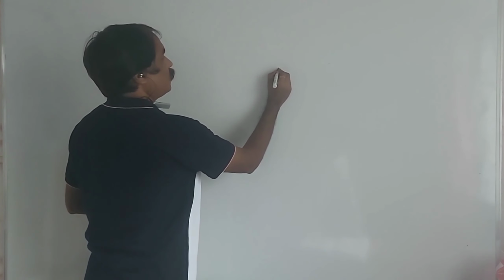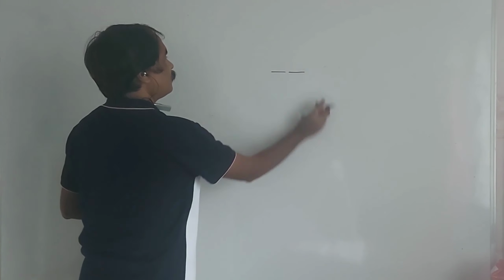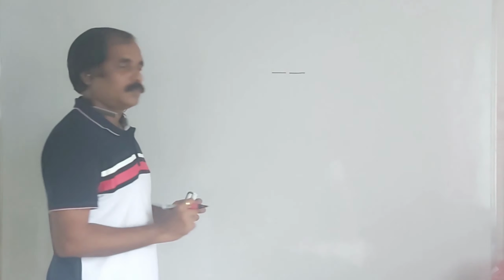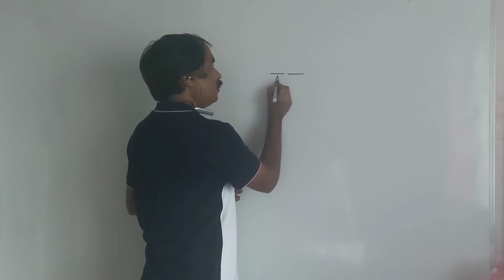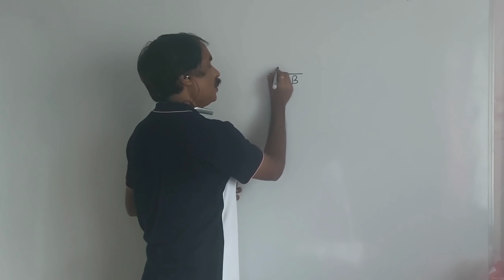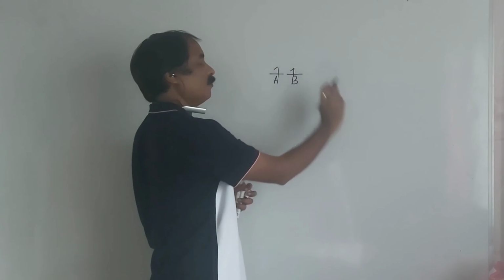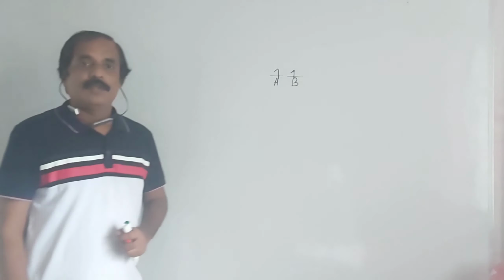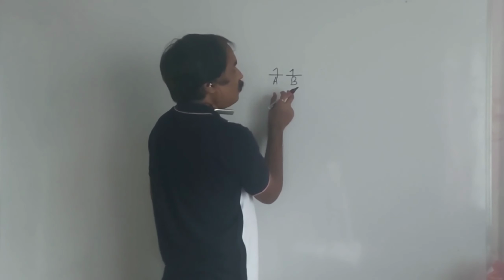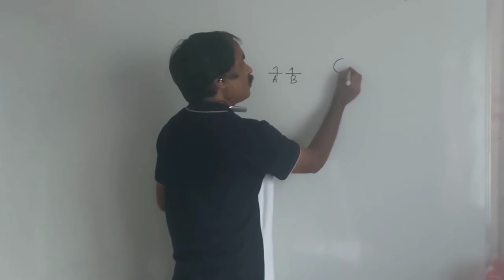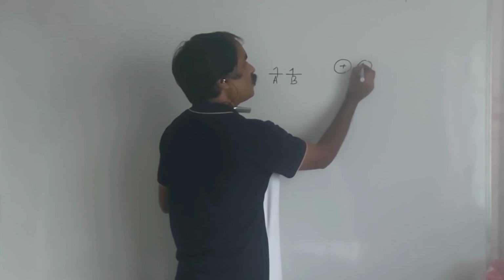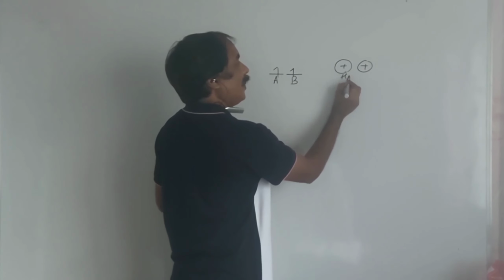Two hydrogens are there. This is hydrogen A and this is hydrogen B. Here it is one electron, here it is one electron. When the sign of the wave function of these two hydrogen atoms is the same, here it is positive, here it is positive, HA, HB.